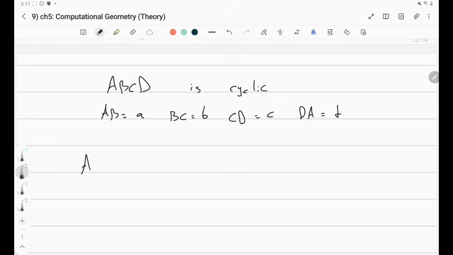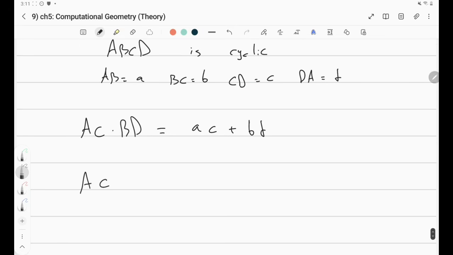You can figure out just AC alone. Previously we related AC times BD to ABCD, but now I'm just going to tell you AC alone using ABCD, which is very powerful.